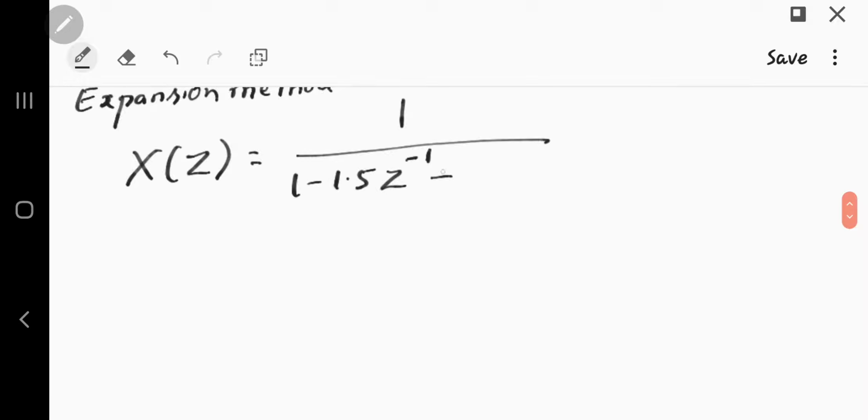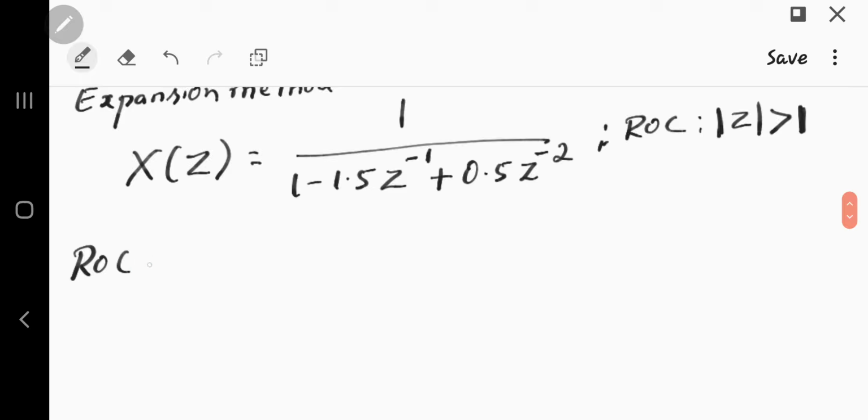Okay, with ROC z greater than 1. So first and the most important thing is you have to look out for the ROC here. So ROC z is greater than 1.